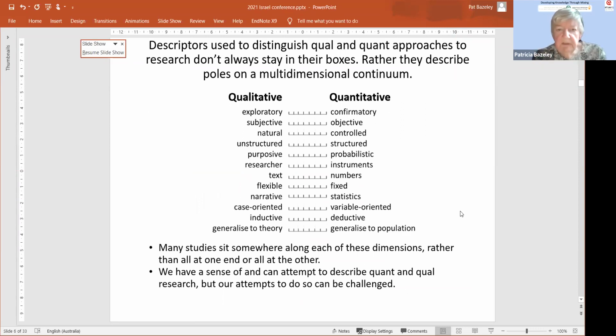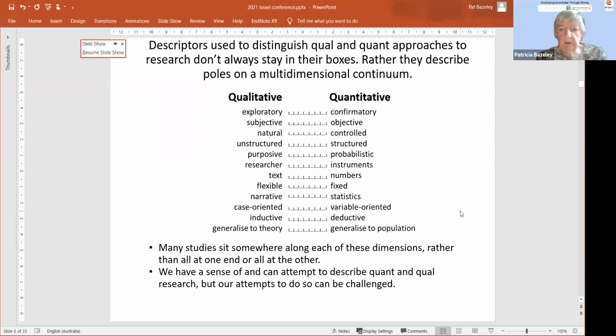The problem too is that the descriptors used to distinguish the different approaches don't stay in their boxes. An exploratory study can use numeric methods for recording data and even statistics. A confirmatory study, you can confirm a hypothesis using qualitative methods, perhaps even a case study.